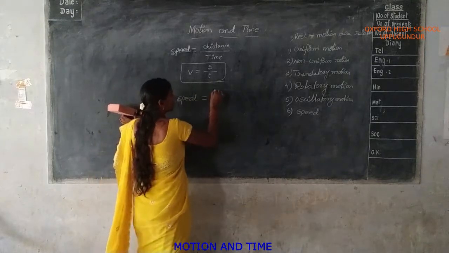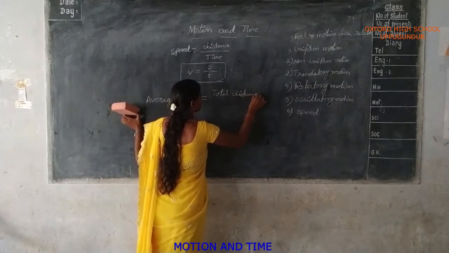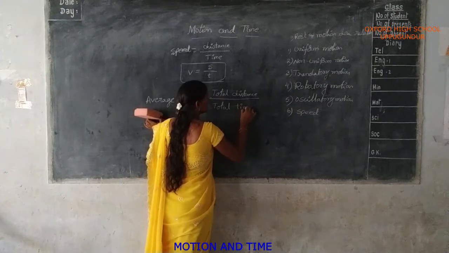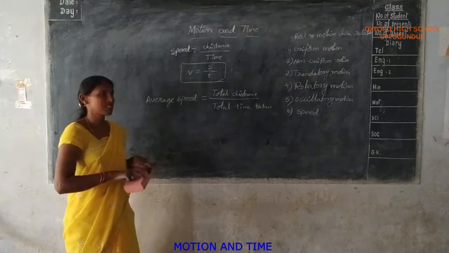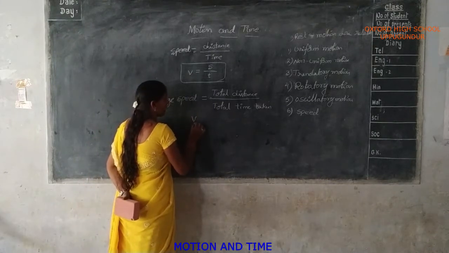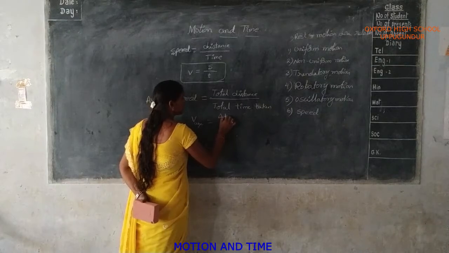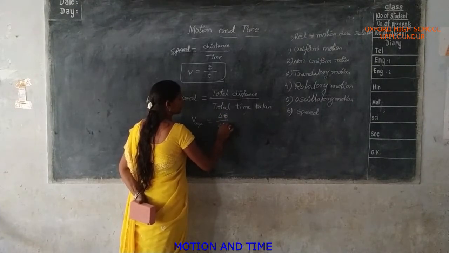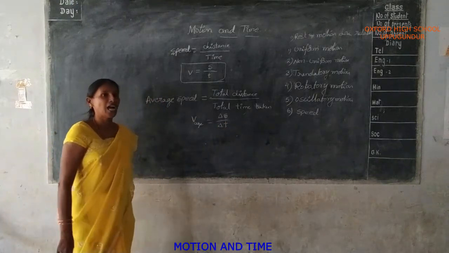Generally the formula is V average equals total distance by total time, that is delta S, or delta D, distance considered as delta S, by delta T. So this is the total distance by total time taken, the average formula.